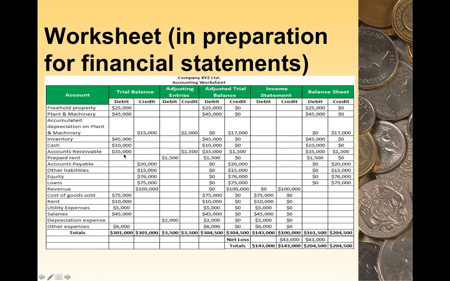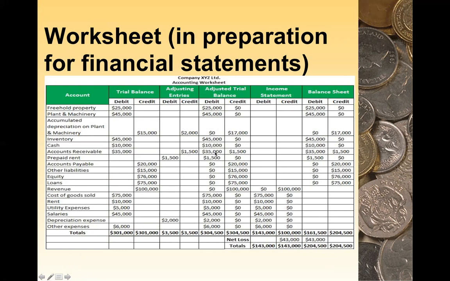So ito naman, sa accounts receivable. Kung mapapansin nyo sa slide, the accounts receivable trial balance ay 35,000. Tapos may credit na sa adjusting. So debit at saka credit, magkaiba yan. So magma-minus yan. So normally, ang ginagawa diyan 35 minus 1.5.